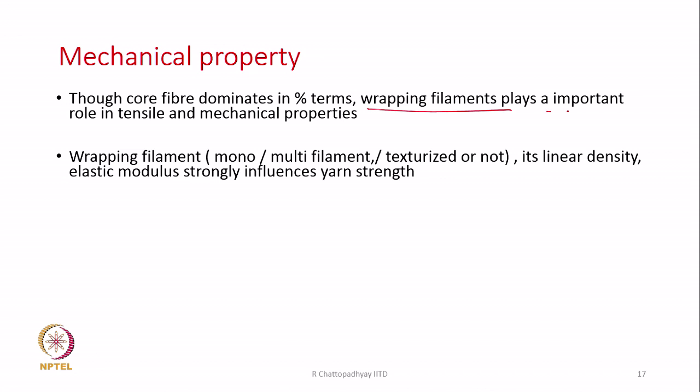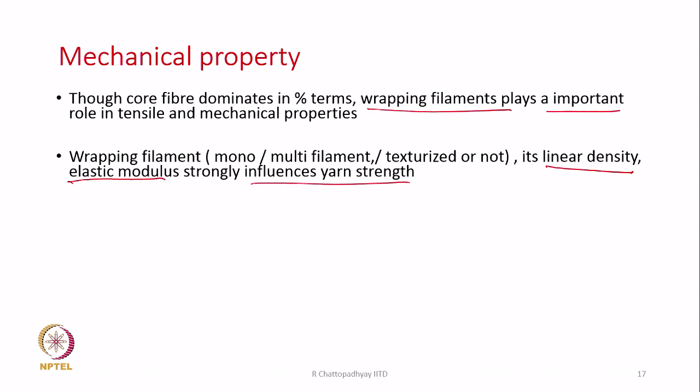wrapping filaments must play an important role, because if the filaments are not developing enough radial pressure, the assembly of fibers will have no strength. The type of wrapping filament, its linear density, its modulus, its tenacity will strongly influence the yarn strength.